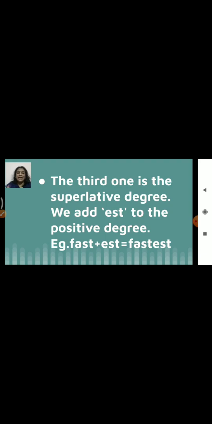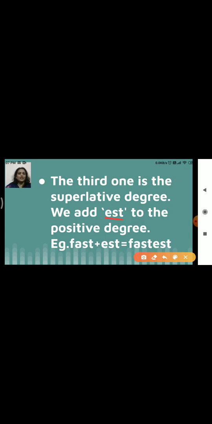And we add EST to the positive degree to get our superlative degree. For example, fast plus EST, we got our word fastest. Followed? So how many degrees are there? Three, isn't it? What is the first degree called?